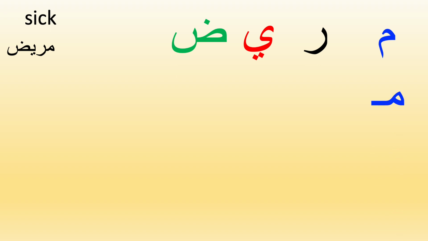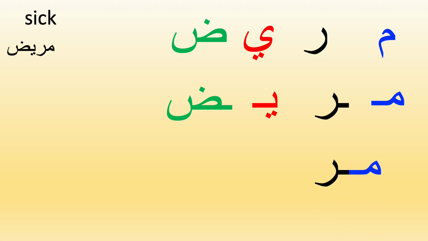The mim will connect with the ra, so they get these shapes. Then the ya will connect with the dad, so you get this shape. And the da will connect with the ya, so you get this shape. Together, marid, which means sick or ill in English.